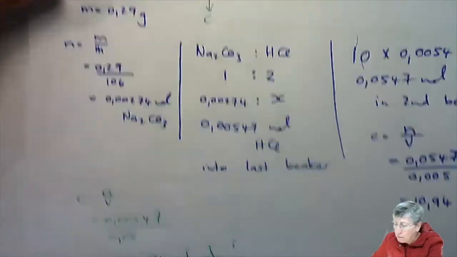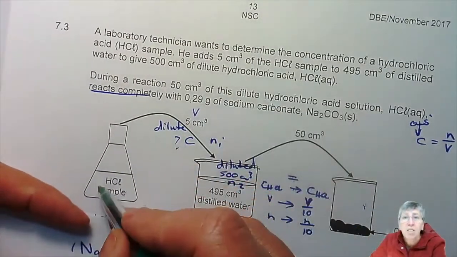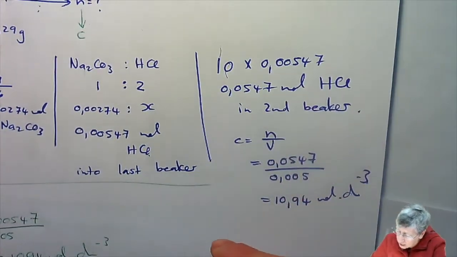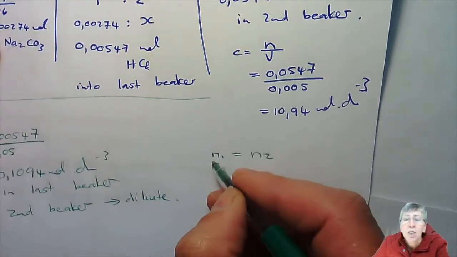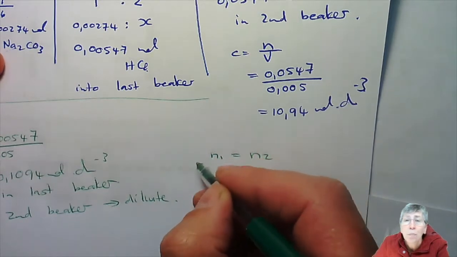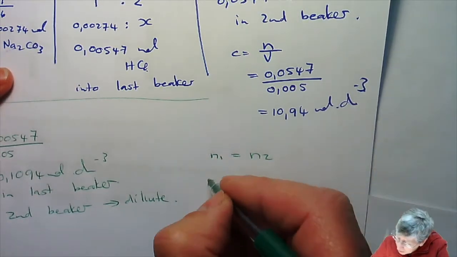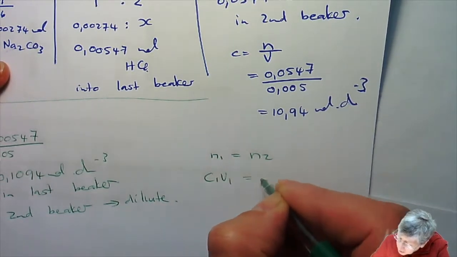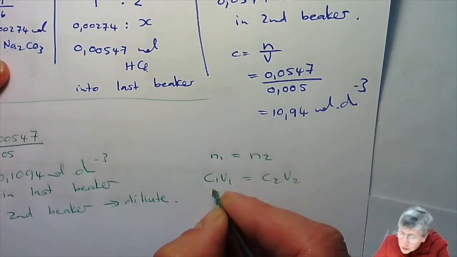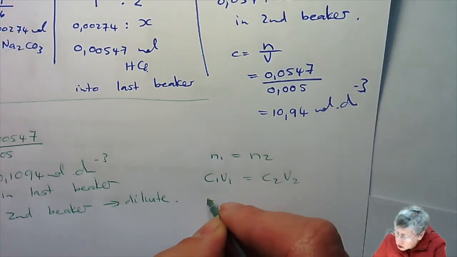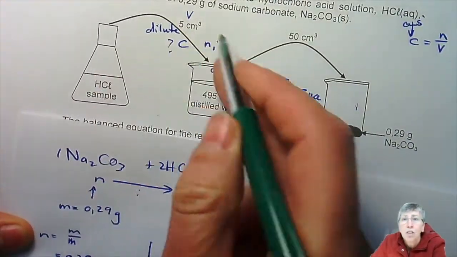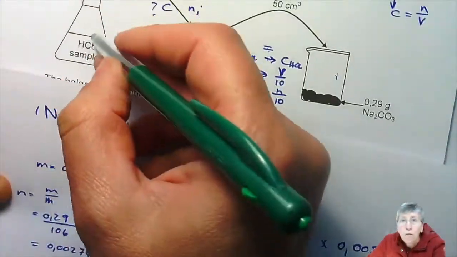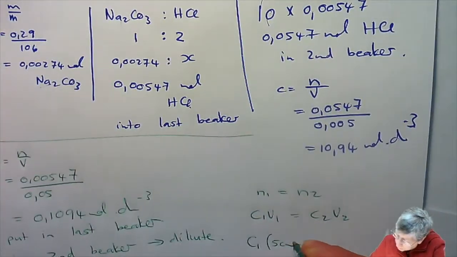So we now have the concentration over there, and they're asking us for the original concentration. And then I'll say, okay, but this is just dilution. So when you dilute things, you add water. The moles that you put in are the moles that you have at the end. So that will be C times V is equal to C times V. The concentration that I started off with, the sample, I don't know. That's what I'm looking for, that concentration that I put in. The volume that I put in was 5 cube centimeters.